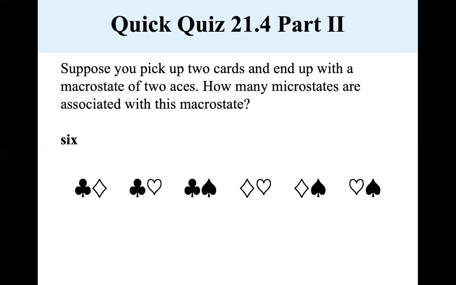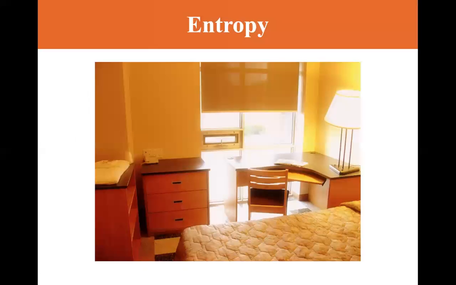Okay, entropy. Dice and cards aren't thermodynamics, so let's look at it more from the idea of molecules in a room. If you look at your room, let's consider all the oxygen molecules in the air in your room located in the west half of the room and all the nitrogen molecules in the east half.